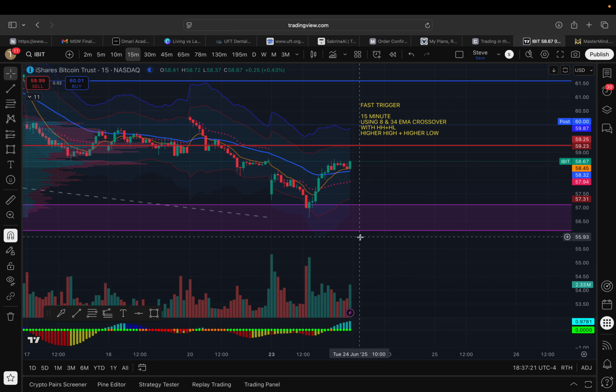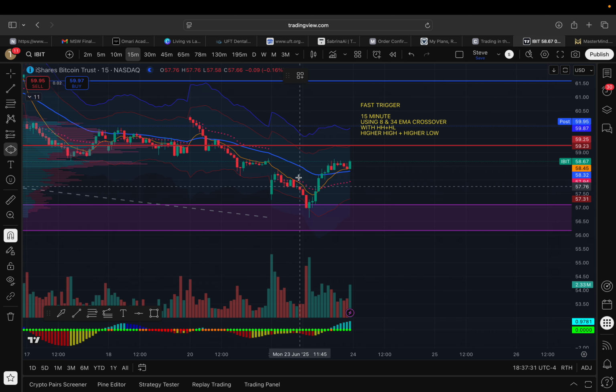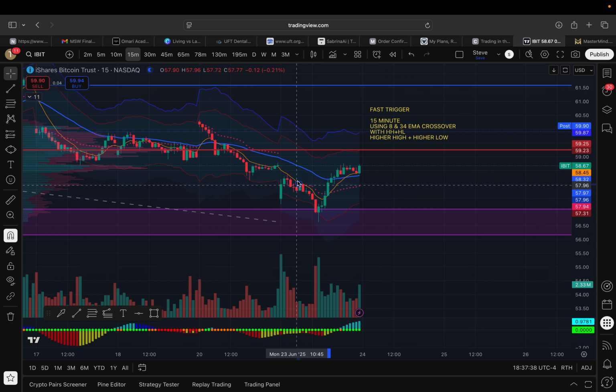So what do we have here? Well, I'll show you. This was a local high, and that was one high level, and this was another one.